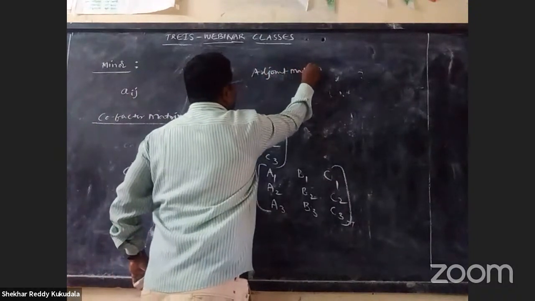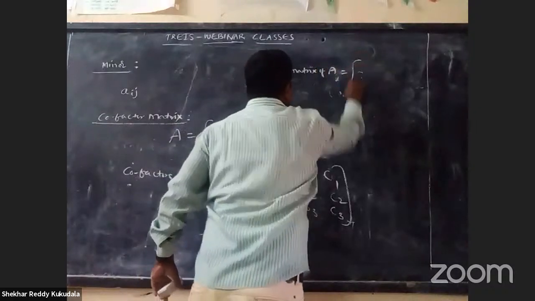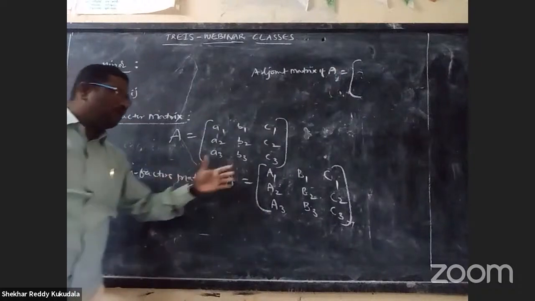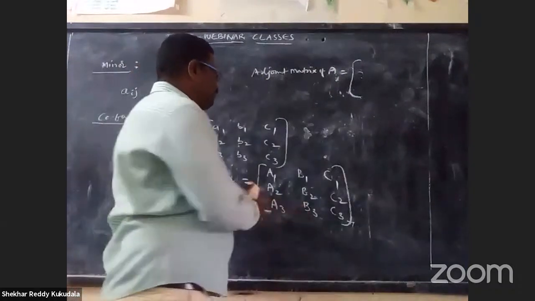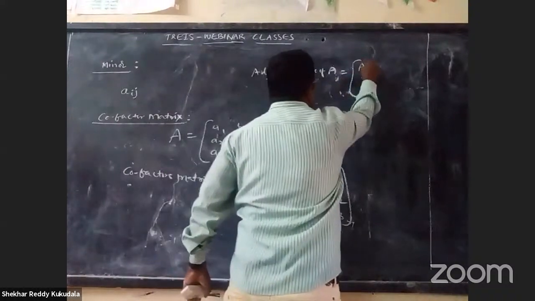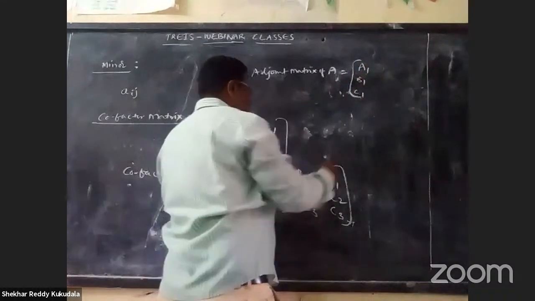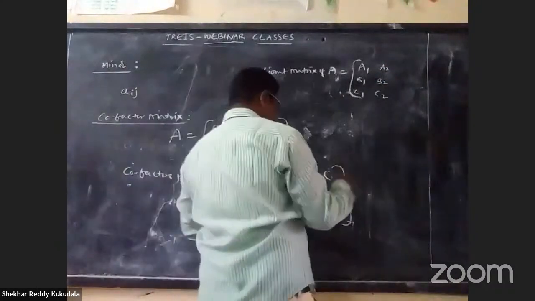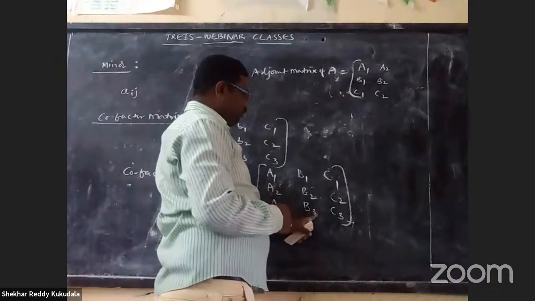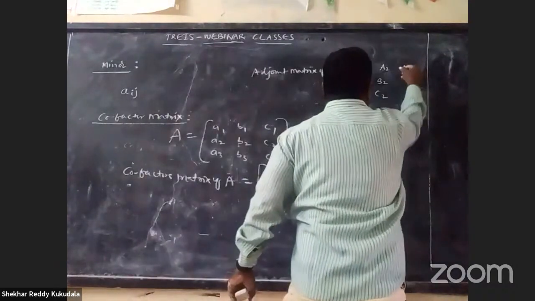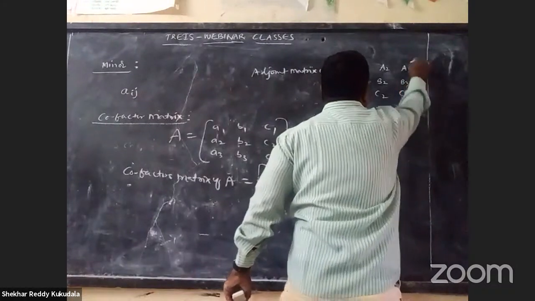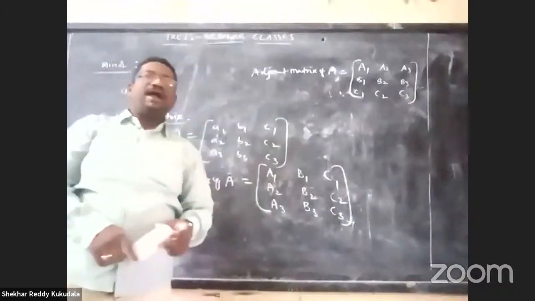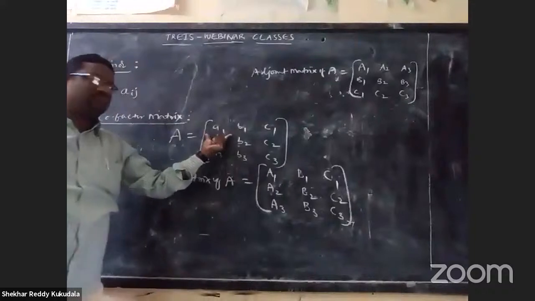Adjoint matrix of A is equal to the transpose of the cofactor matrix. So once you obtain the cofactor matrix, what we should do? It is to be transposed. First row is to be written as first column, second row as second column, third row as third column. So this is a matrix which is called the adjoint matrix of a given matrix.